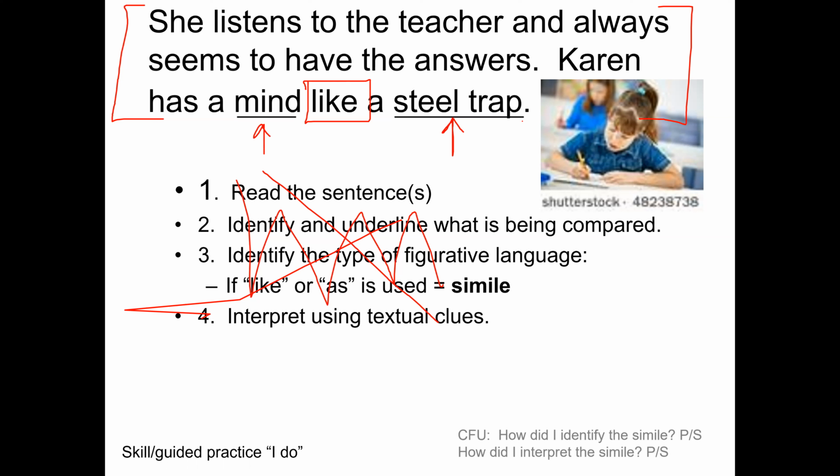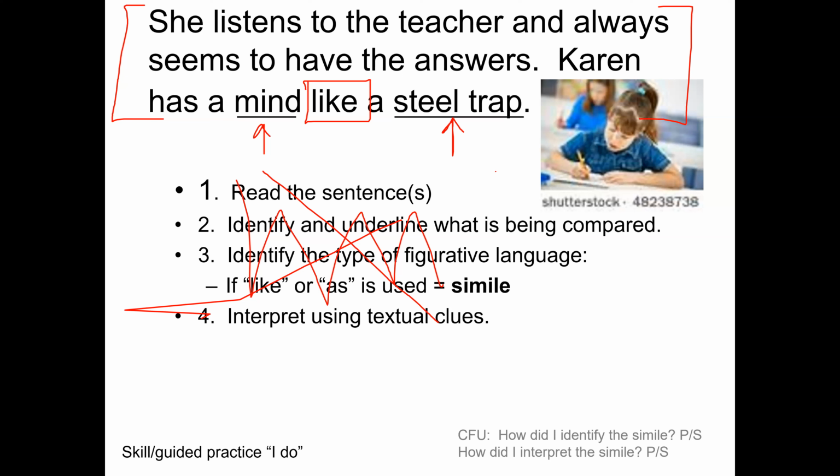So now we have to interpret what this simile means. Micah, what does the simile mean? Karen has a mind like a steel trap. What does that mean? Rashard, interpret the simile for me.